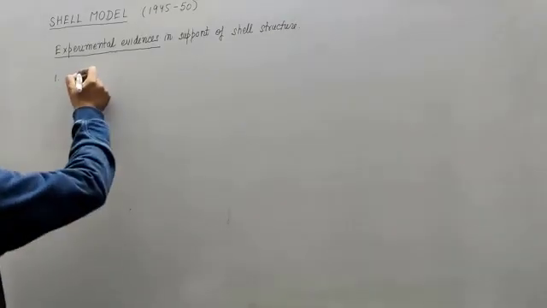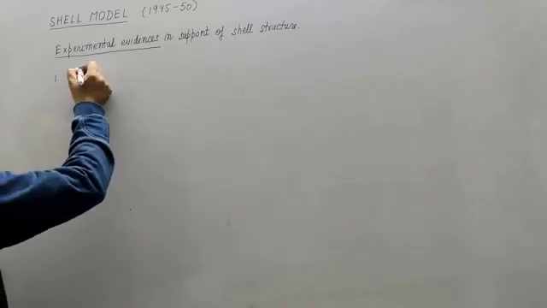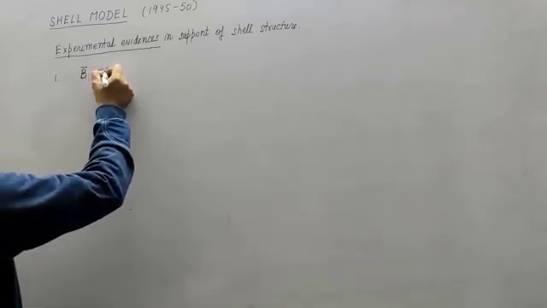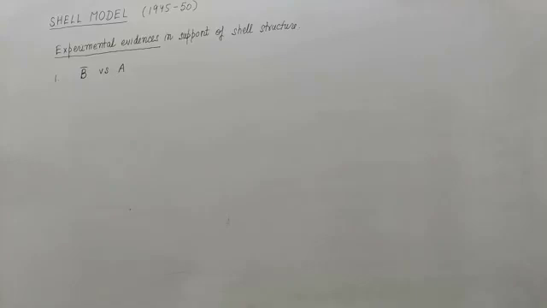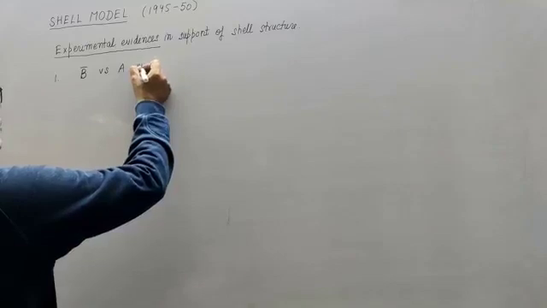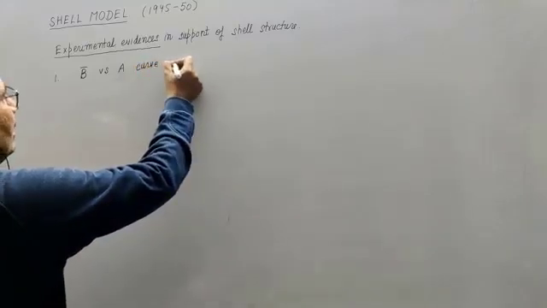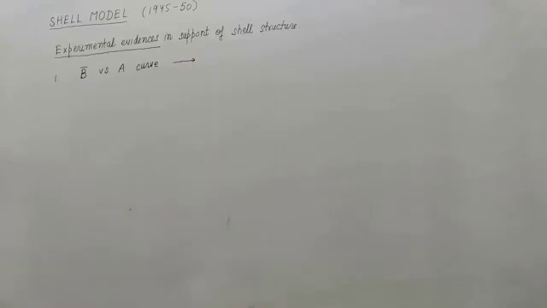First and most important evidence of the shell structure was this: if you plot average binding energy of a nucleus versus A number, the average binding energy versus A curve, then you will observe that nuclei with Z or N equal to a magic number have a very large value of average binding energy.